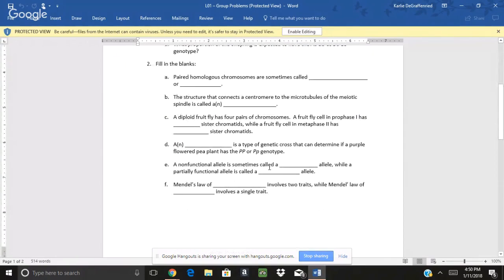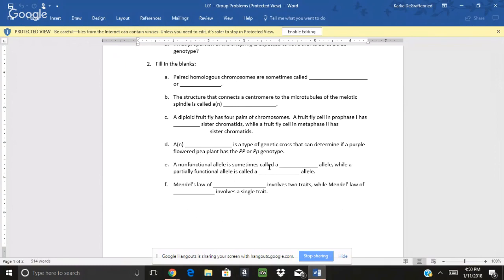Fill in the blanks. A, paired homologous chromosomes are sometimes called bivalents or tetrads. B, the structure that connects a centromere to the microtubules of the meiotic spindle is called the kinetochore.